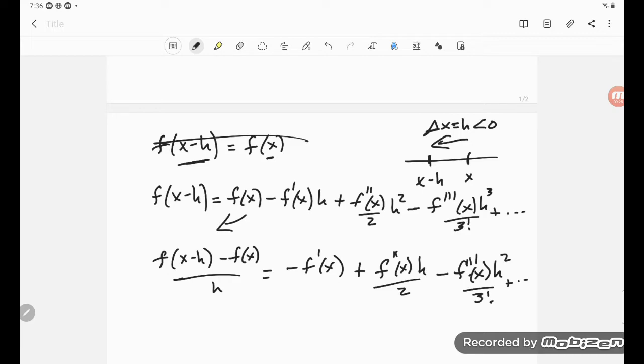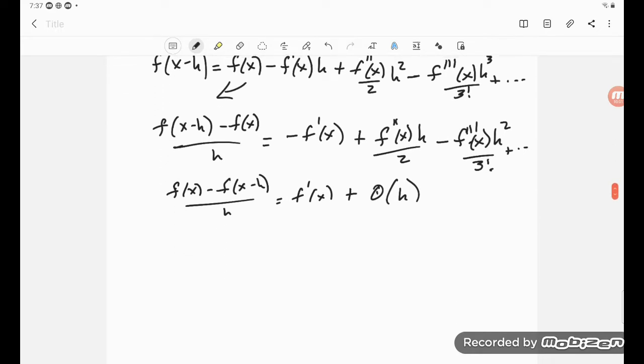Okay, so if we change the order here so we get negatives to disappear, right? If we say, well, f of x minus f of x minus h over h, that is also f prime of x plus, and I'll still use a plus even though we put a minus here, big O of h. So the error is still the same. Okay.